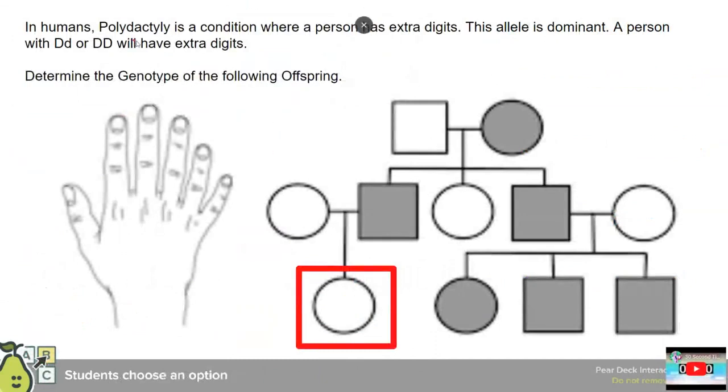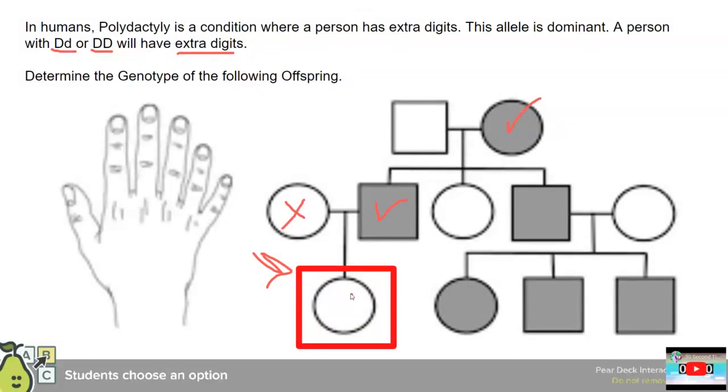Let's look at this. It says in humans, polydactyly is a condition where we have extra digits, and this allele is dominant. A person with either heterozygous or homozygous dominant will have the trait of extra digits. Determine the genotype of this person. So we want to know what this person's genotype is. Now I know that this person is affected and this person is affected.